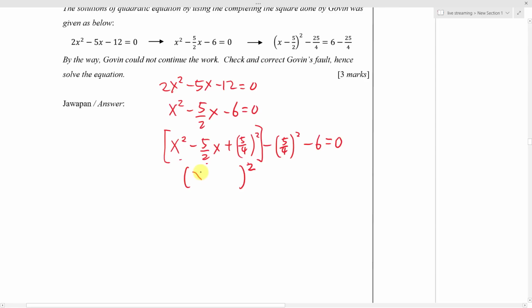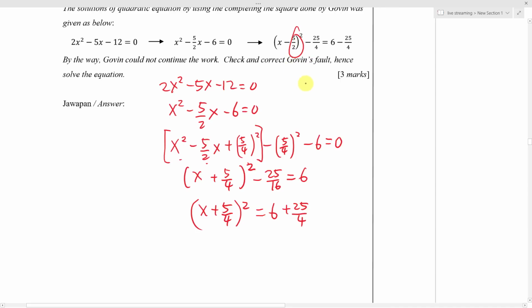So I will copy down the first term and third term, which is plus 5 over 4, then I will minus 25 over 16. The 6 I will move to the other side, so we plus 6. Then this is x plus 5 over 4 squared, then this number I can move to the other side as plus 25 over 4. So you can see the working over here. The first thing is wrong, because this one shouldn't be 5 over 2. This one must be 5 over 4.